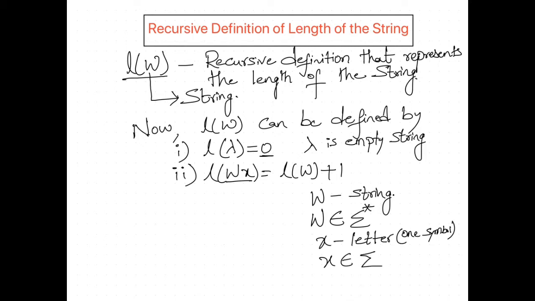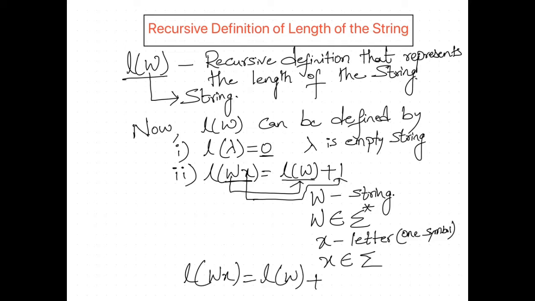So that's why I'm writing L of Wx is equal to L of W plus 1. Why am I writing 1? Because x is just a single symbol, and L of W will be as it is. This is the recursive definition of the length of the string.